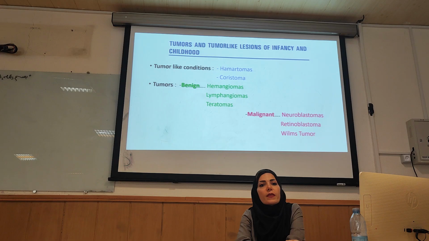Hamartoma is when there's tissue which is not organized, but the tissue is the same type as the tissue around it. For example, lung tissue that isn't organized, with layers separate. Yes, exactly.